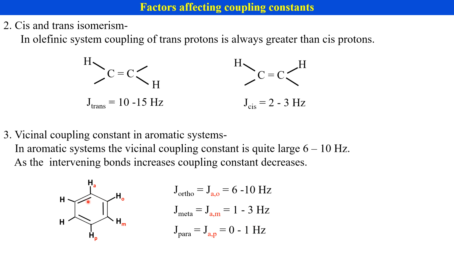And this is not a vicinal coupling. Meta coupling and para coupling is a long range coupling. And as the number of intervening bonds increases, coupling constant decreases. Only remember that in case of ortho coupling, this is a vicinal coupling. The value of vicinal coupling in aromatic system is quite large, 6 to 10 Hertz.